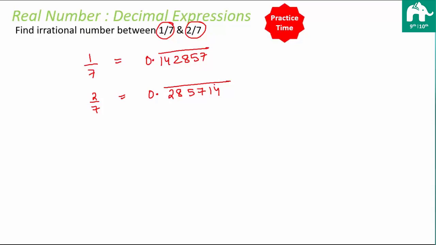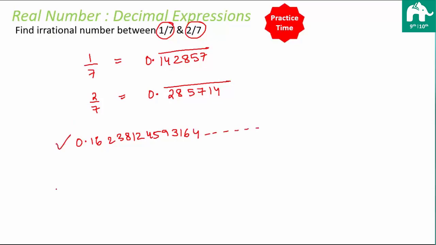So you can randomly pick any number. Let us suppose I randomly pick a number, say between 0.14 and 0.28. It has to lie in between these two numbers. So you can say 0.16238124591364. What is this? This is non-terminating, this is non-repeating.